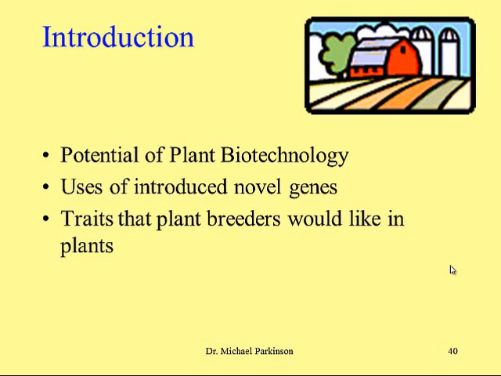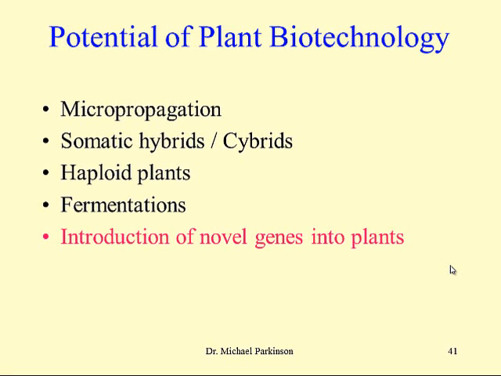So I want to talk about the potential of plant biotechnology, the uses of introduced novel genes, and traits that plant breeders would like in plants. There is a tension between the genes that are available and the traits that plant breeders would like in plants. Plant biotechnology as a whole has huge potential.